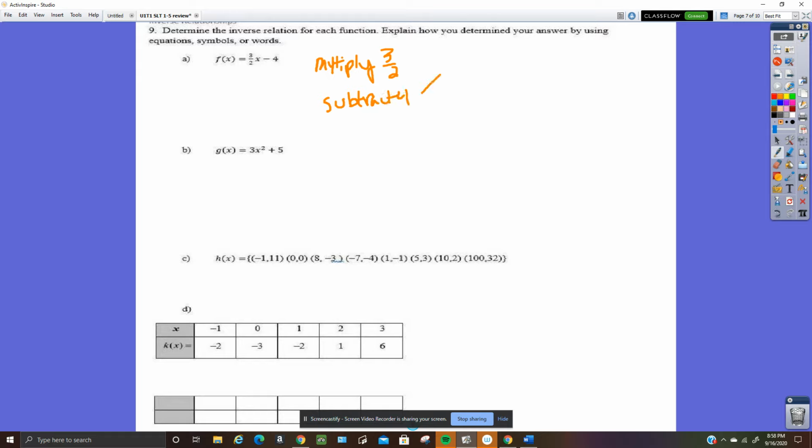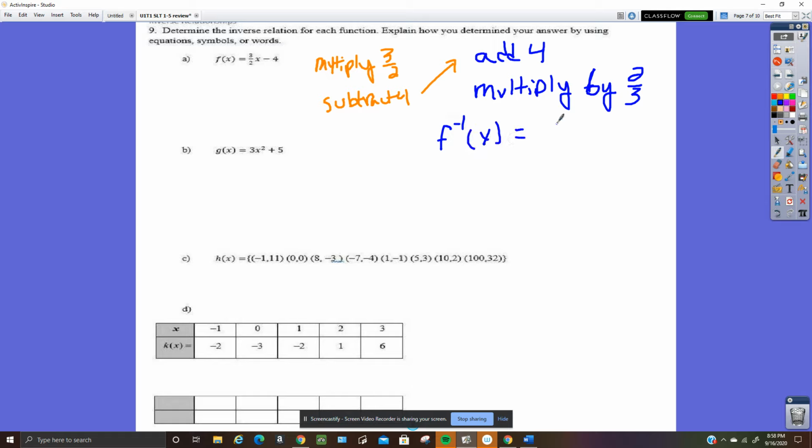So the undo would be add 4, and then divide by 3/2, but we talked about this in class, so multiply by the reciprocal, so multiply by 2/3. So the inverse function would be, write down your x, add 4, and then multiply that whole thing by 2/3.